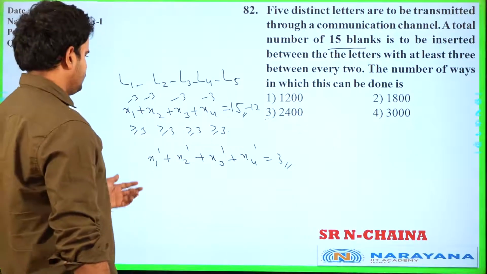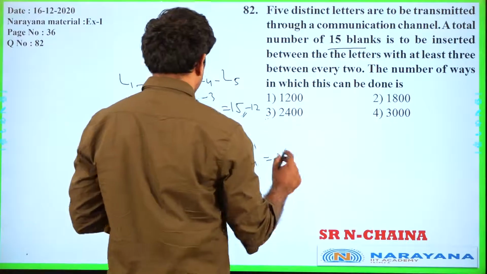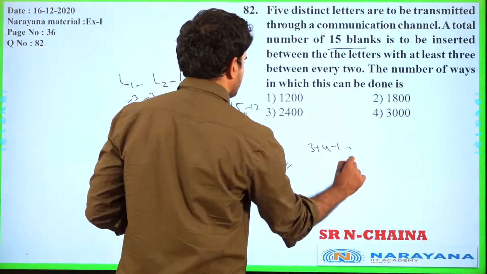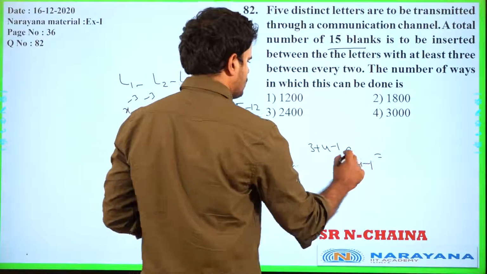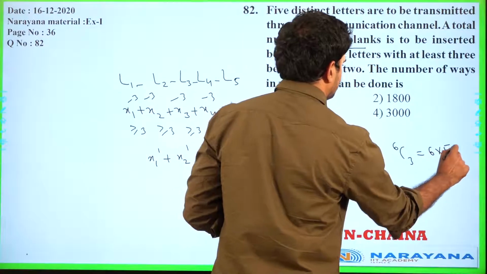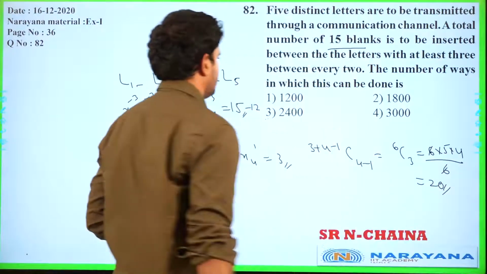So the answer becomes, people, 3 plus 4 minus 1 C 4 minus 1. So what do you get? 6C3. So 6 into 5 into 4 by 6, this one goes off, you get 20, people. Till here we are happy.